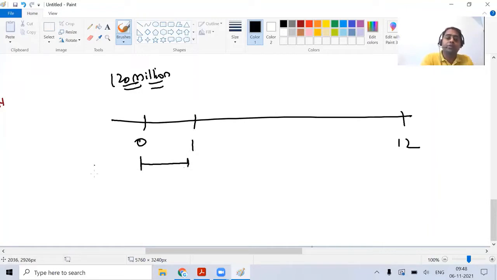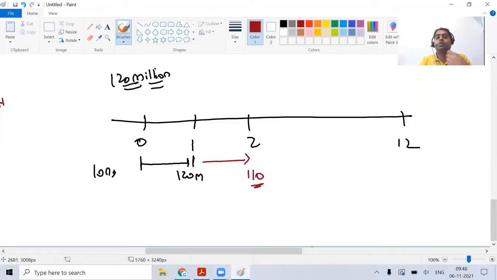You will take a long position for 120 million barrels. When you reach over here, you will roll over to the next month, but you will only roll over for 110. The next month contract is only going to be 110. When you roll over to the third month, it's going to be only 100. Likewise, it will keep on happening. So you stacked the entire size of the trade, and you were reducing that stack.